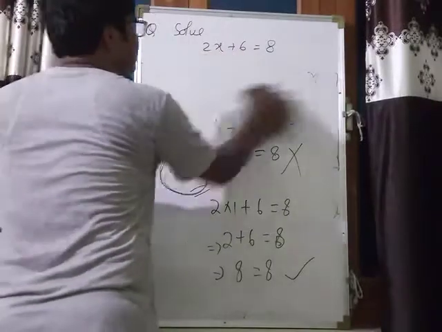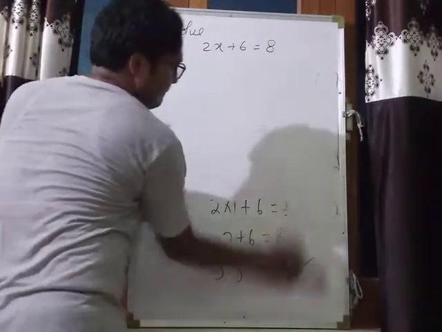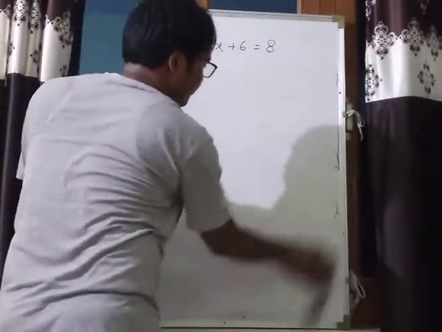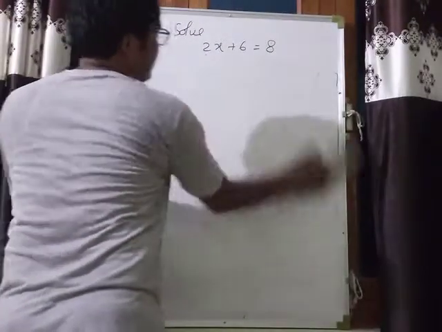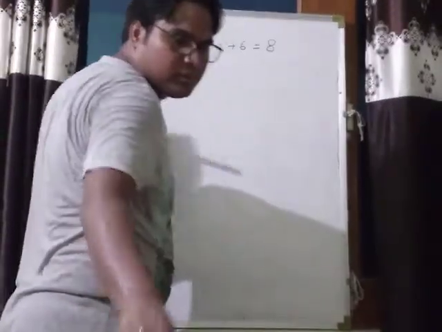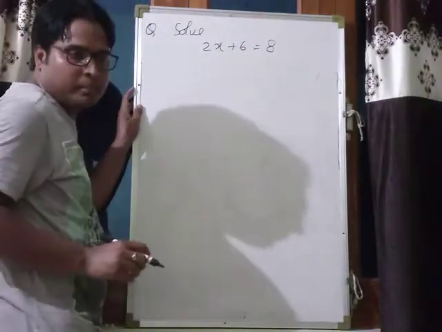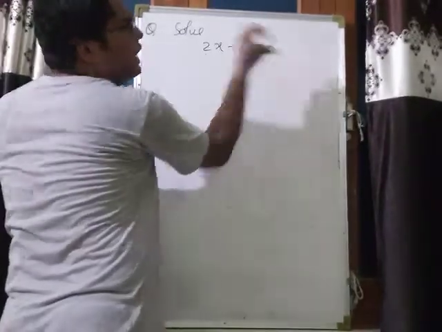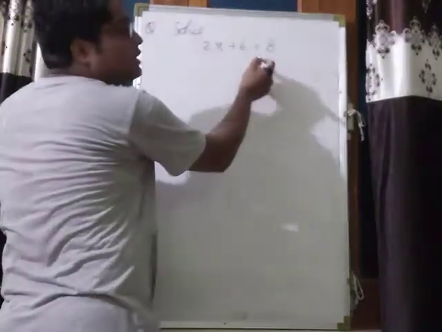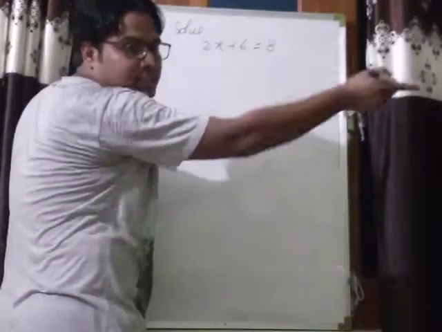See, in class 6th you have solved this type of question. Consider this equation. Transfer this 6 to the right side. Here it is plus 6, so clearly it will be minus 6 on the right side.